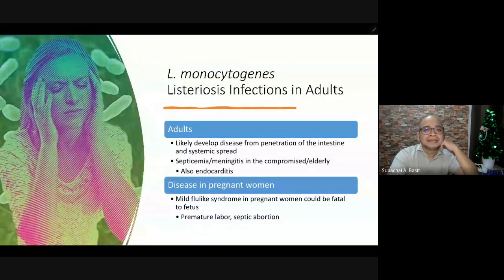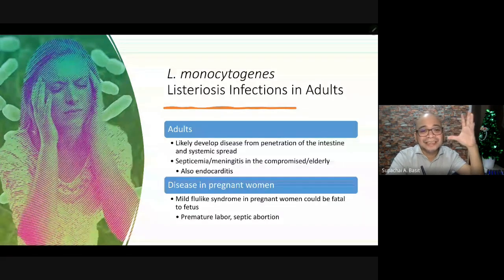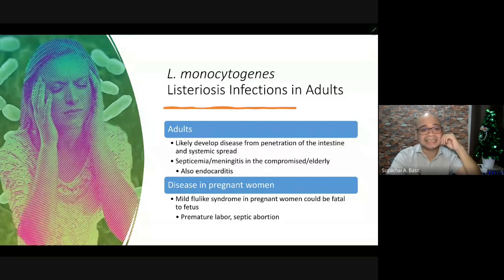Can adults be infected with Listeria? Actually, yes, and it's more dangerous to have Listeria monocytogenes infection if someone is pregnant. In adults, usually we get it as a result of consumption of unhygienic food or food that has been prepared unhygienically.